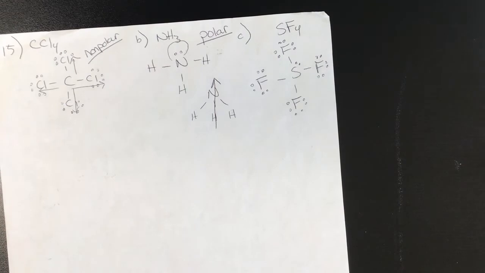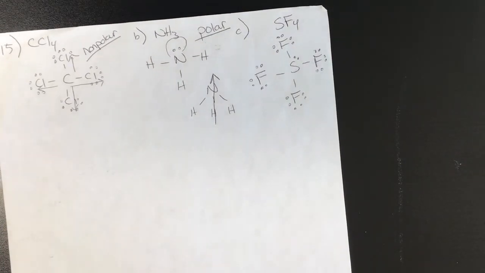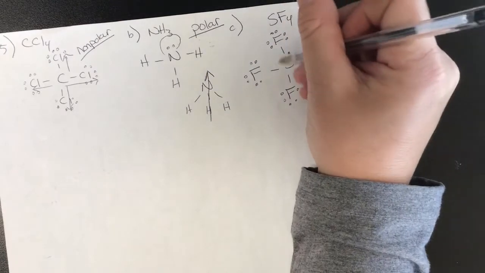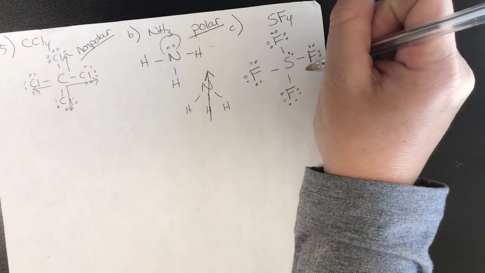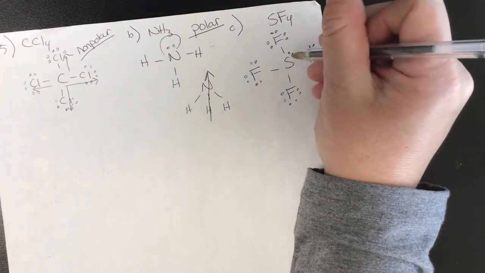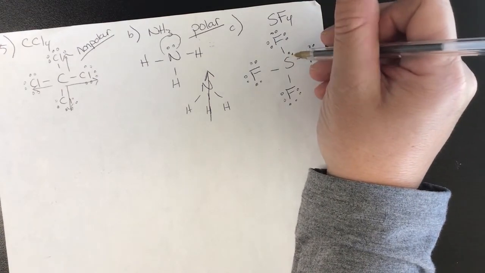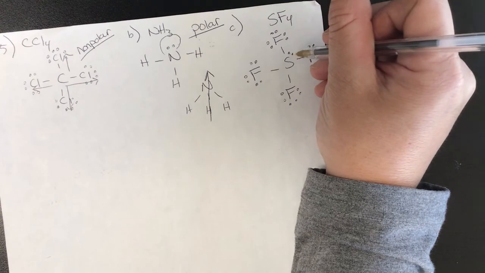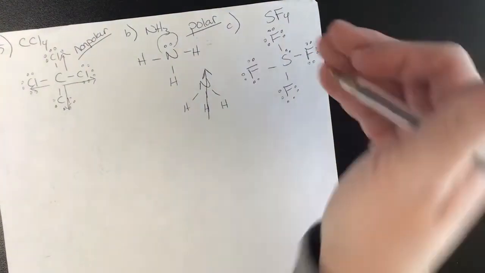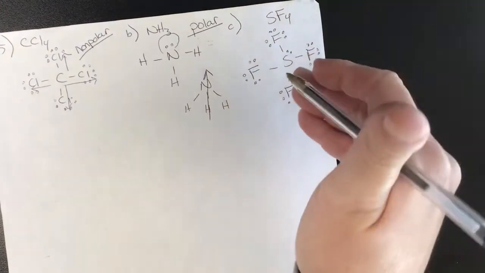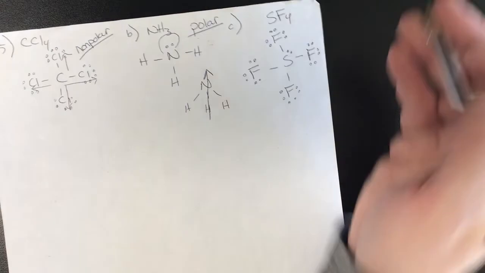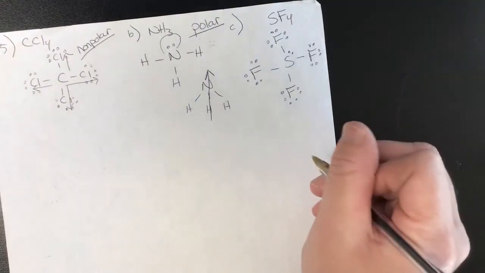Okay, so that lone pair, again, is really big. And since we have 1, 2, 3, 4, 5 domains, we have trigonal bipyramidal. So that lone pair is going to be in the equatorial position with 2 of the fluorines, and it's going to push the 2 fluorines basically to one side of the sulfur. So the dipoles aren't going to be canceled out.